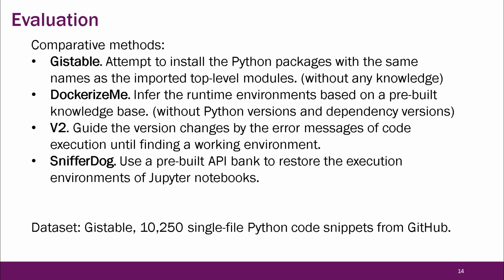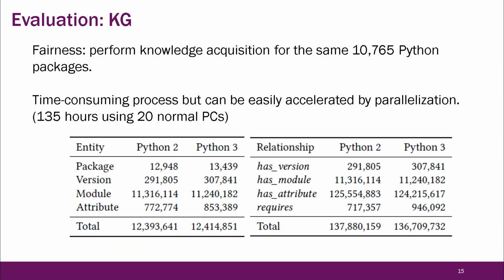We conduct our experiments on the Gistable dataset, which is a real-world dataset built from GitHub and contains 10,250 single-file Python code snippets. We evaluate the knowledge graph and the inference separately. For the fairness of our experiments, all methods should acquire knowledge for the same Python packages.